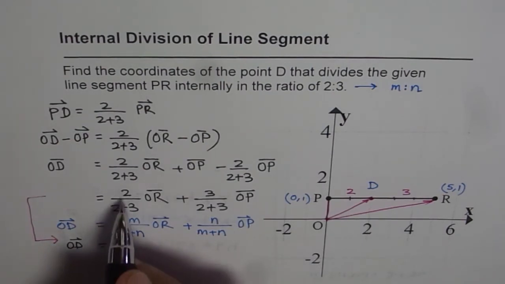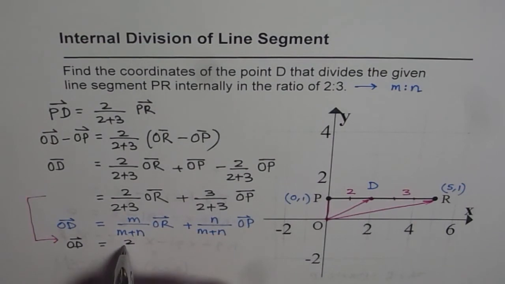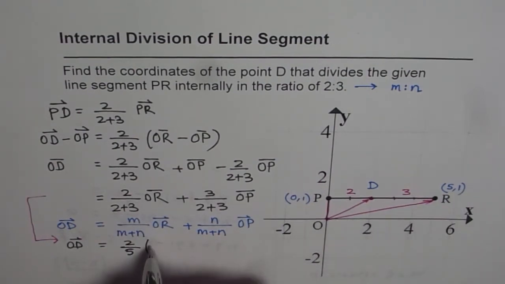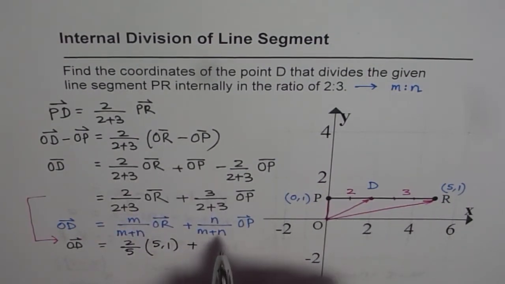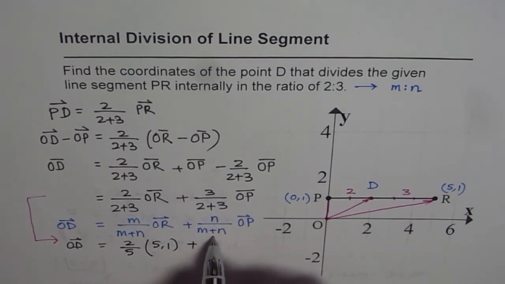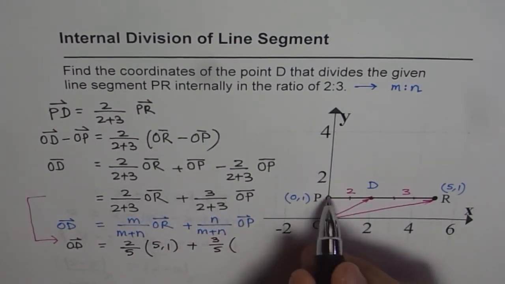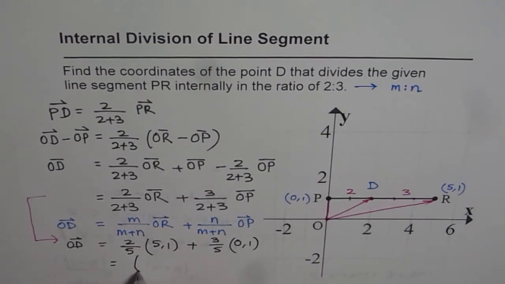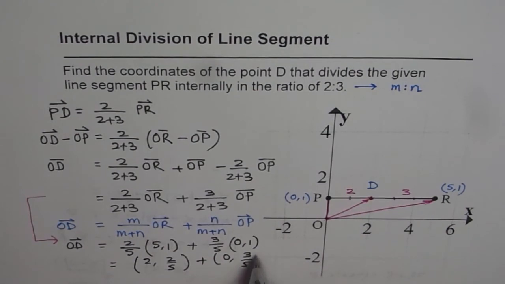So we get 2 over 5. Let me now write down. Since we know it's a 2:3 ratio, 2 over 5 of OR, so O to R is (5, 1), right? Plus n is 3 for me, so 3 over 5 of OP, which is (0, 1), right? So let's add these vectors. So 2 over 5 times 5 gives me just the number 2, and then this is 2 over 5, plus 0, 3 over 5, correct?